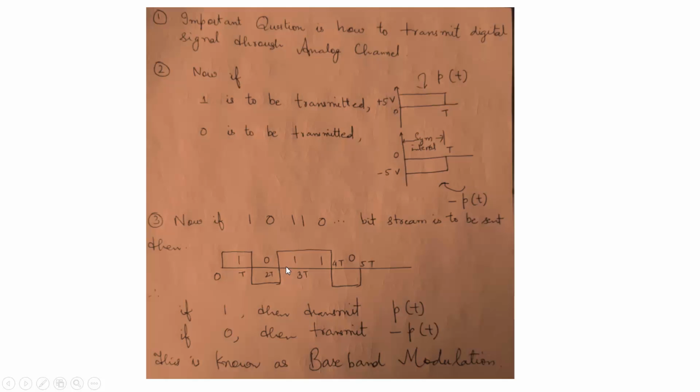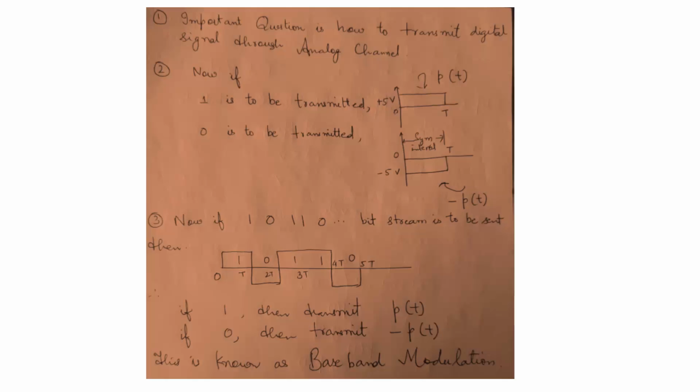Then from 2T to 3T, it will be again plus 5 volt, 3T to 4T again plus 5 volt, and from 4T to 5T, it will be minus 5 volt, that means minus PT, and so on. The bit stream will continuously be coming. So if 1 is to be transmitted, we will transmit PT, and if 0 is to be transmitted, we will transmit minus PT. So this is known as baseband modulation, correct?